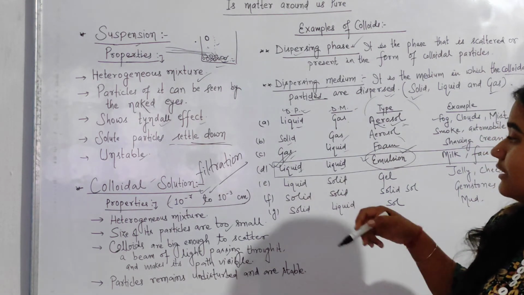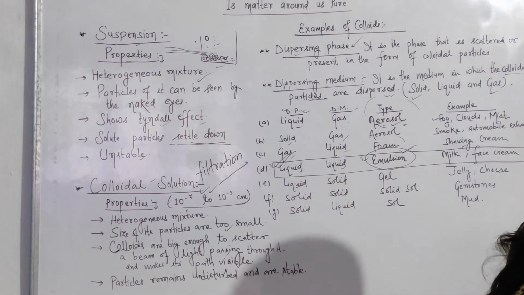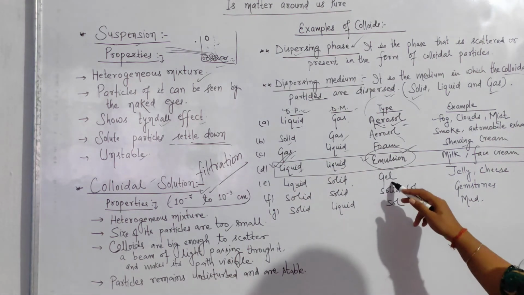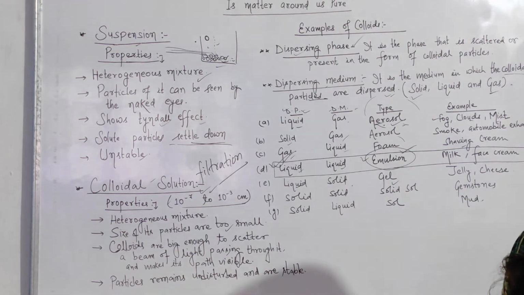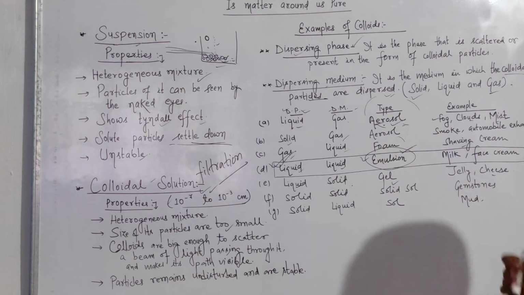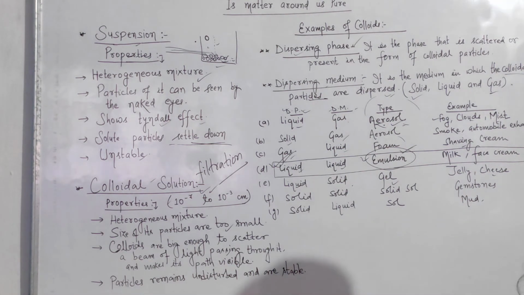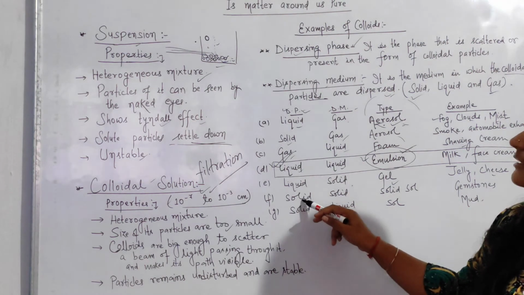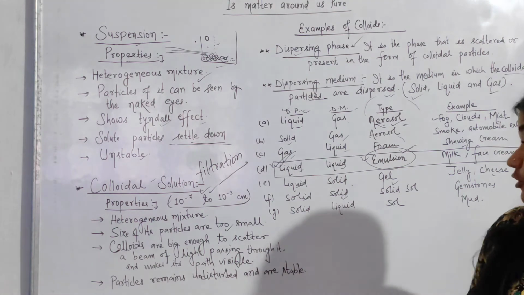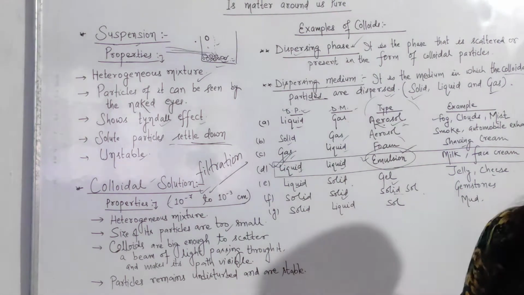Okay. Next, when the dispersed phase is liquid and the medium is a solid, what will it give? A gel. It is a jelly type of colloid. What can be the example? Obviously jelly and cheese. Next, when the dispersed phase is a solid and the medium is also a solid, it will give a solid sol.